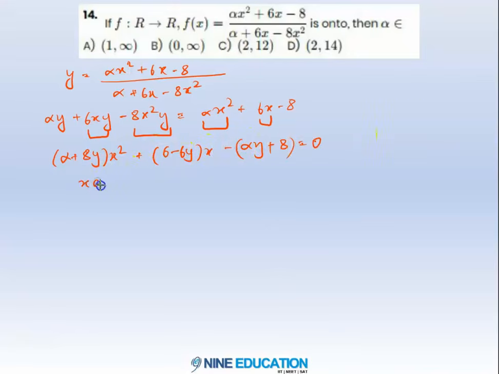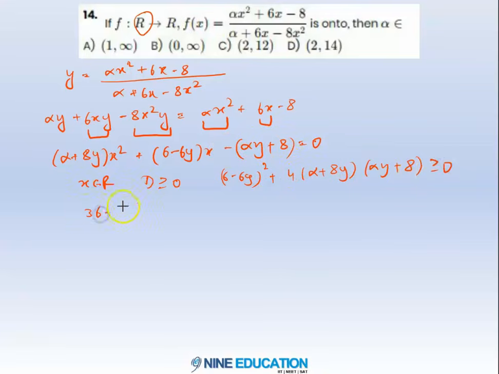For x belonging to real numbers, which is clear from the domain, the discriminant has to be greater than or equal to 0. So (6 minus 6y) whole square minus 4ac, which is (alpha plus 8y), and this c is negative also, so plus (alpha y plus 8) has to be greater than or equal to 0.